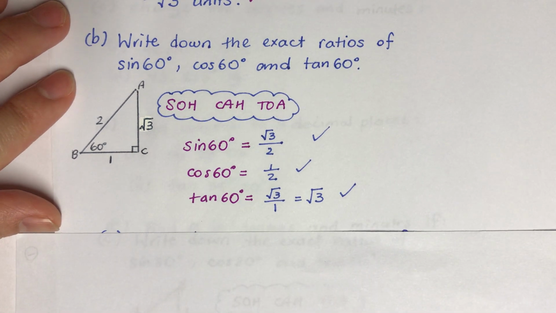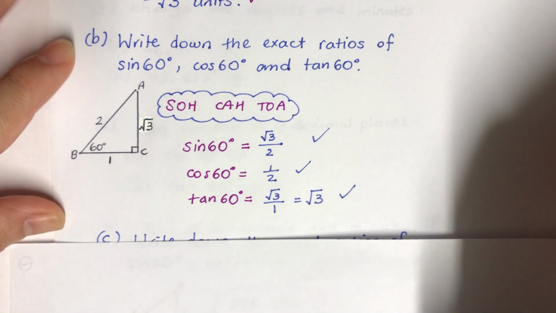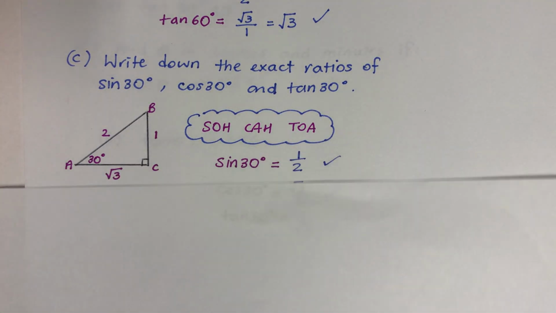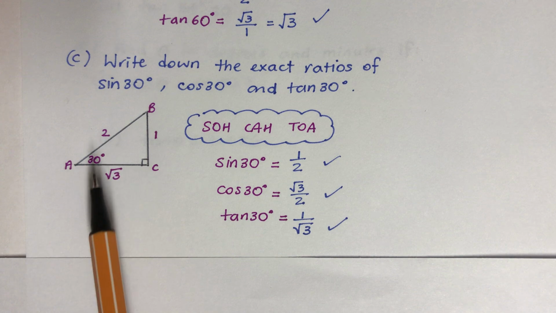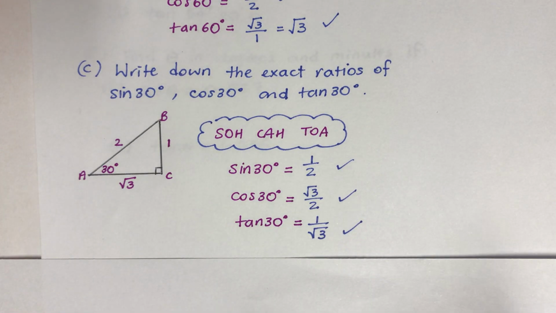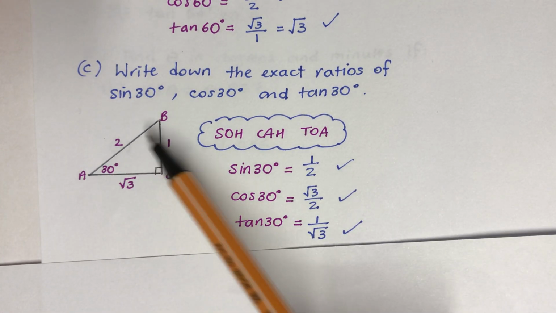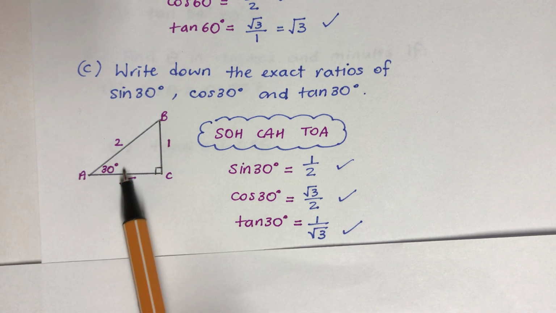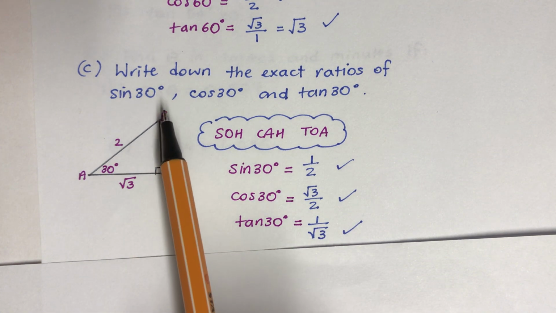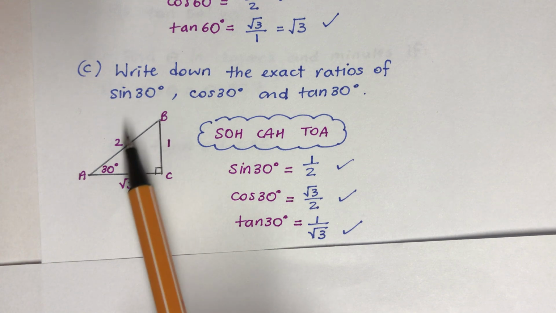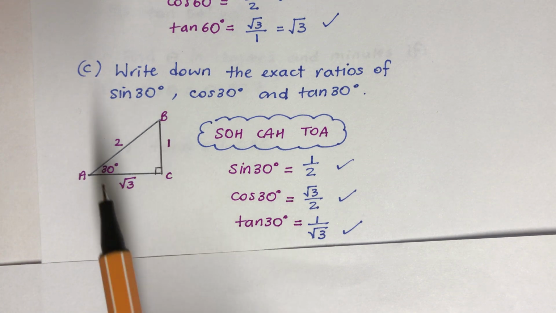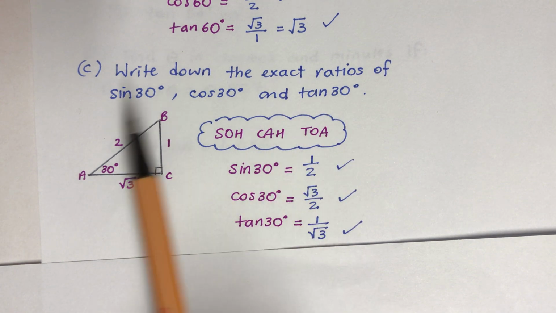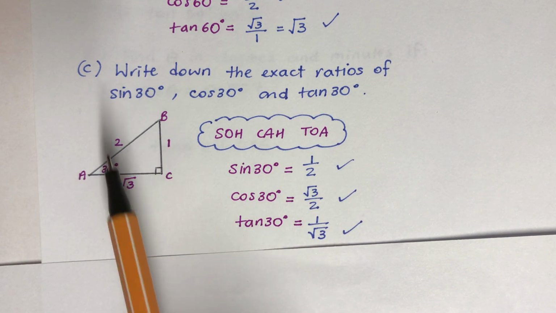Now, next question is writing in exact form, but for 30 degrees. Let's have a look. Same thing, I'll copy that, but you need to rotate this, it's just easier to see. I suppose you don't really need to rotate, as long as you know where the opposite, adjacent and hypotenuse are. You'll be able to use SOH CAH TOA with any rotation.